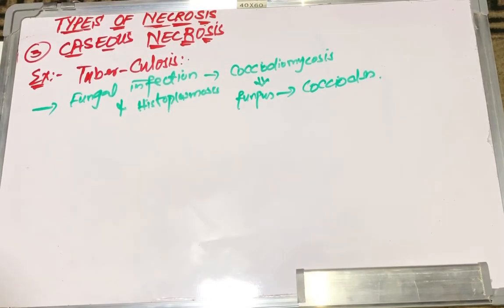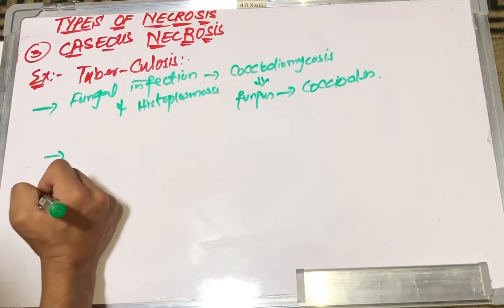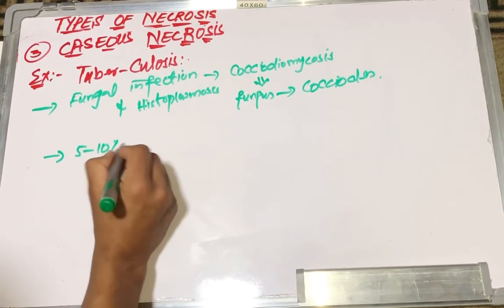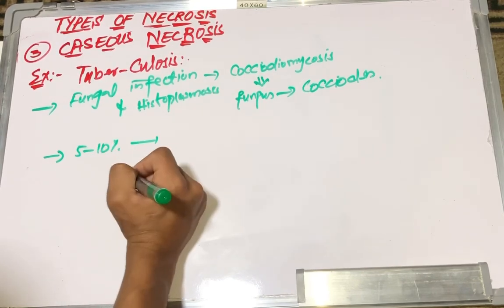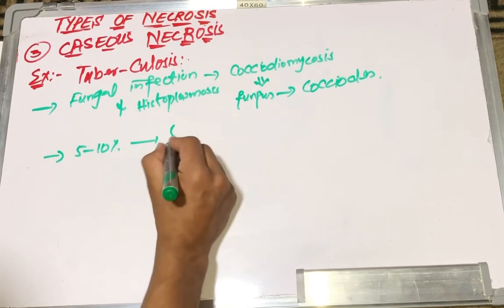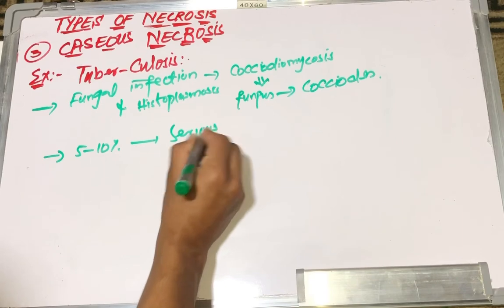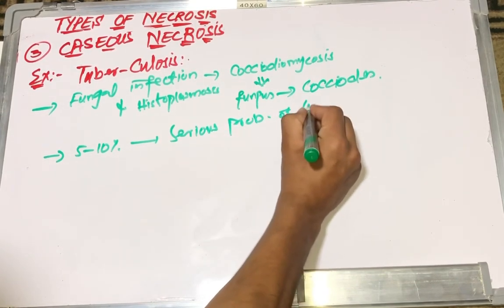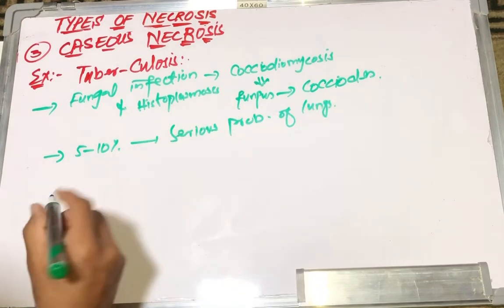In coccidioidomycosis, approximately 5 to 10% of people who get this disease develop serious problems of the lungs.